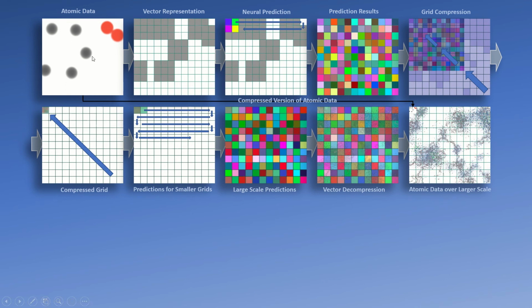So first, we are going to feed in atomic data in the form of atoms and their trajectories. Next, that atomic data will be converted by a neural network into a vector representation. So all this is, it's just a form that's readable by other neural networks. Next, we are going to perform a prediction. We will have another neural network that does this.